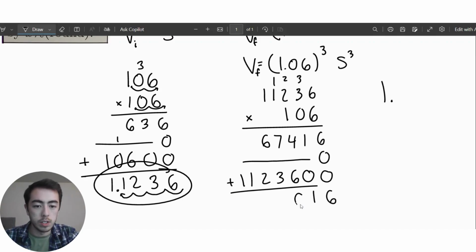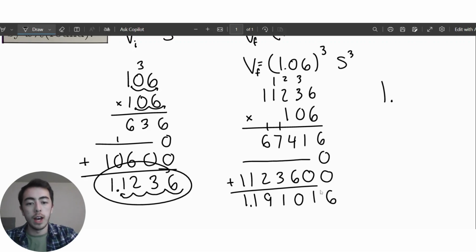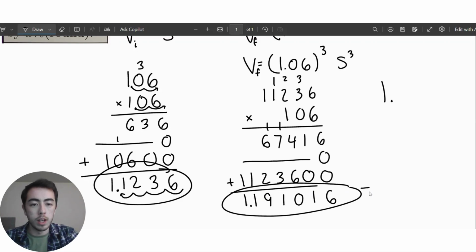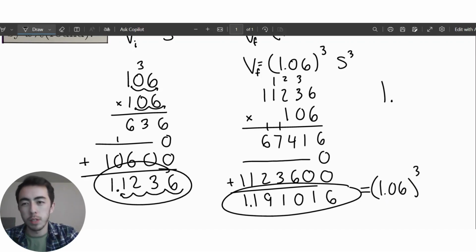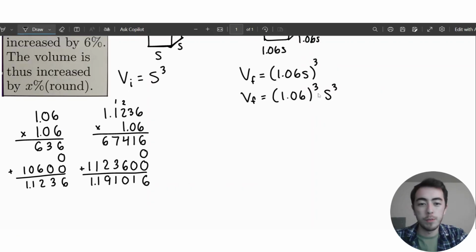6, 1, here's a 10, I'll carry this one. That's an 11, so I'll carry another one. This makes a 9, and these 2 ones just come down. Cool. So I get this number when I do 1.06 cubed. All right, let me clean this up a little bit. So from multiplying 1.06 to itself 3 times over, or cubing it, I got 1.191016.